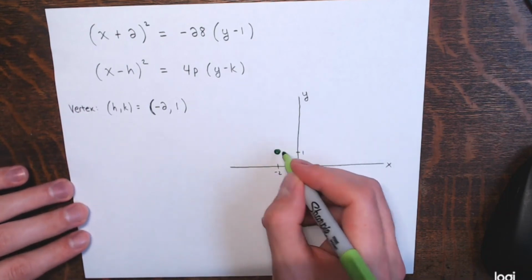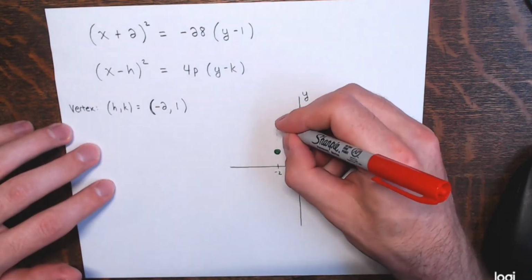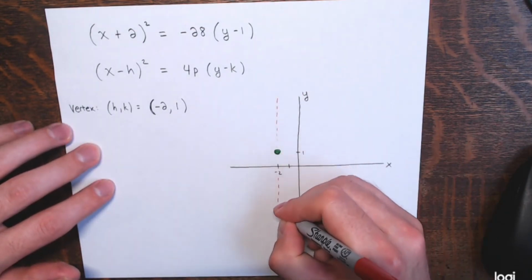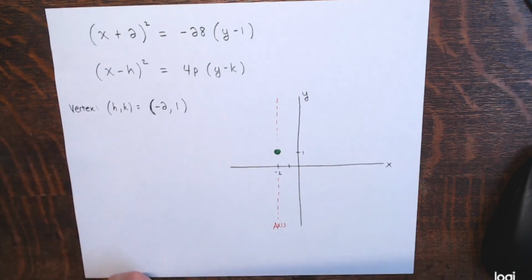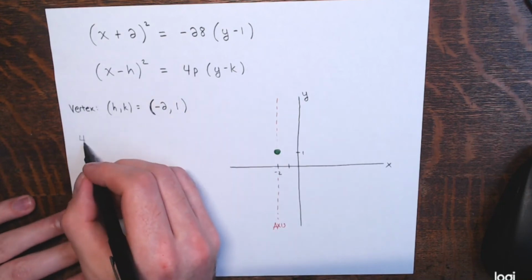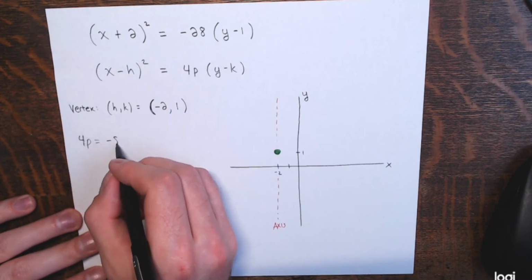The axis of symmetry is going to be vertical again. So here's the axis of symmetry. I'll just put axis. And this is going to open up or down. And then to find the focus and directrix, we need the value of p. Now, according to this, 4p would be that coefficient here, negative 28.